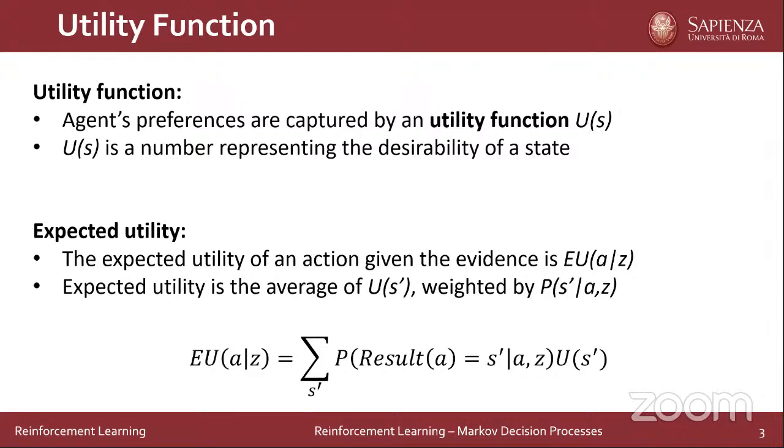U of S basically represents how desirable a state is for the agent. What is the difference between the reward and the utility? The utility is what is desirable from the agent's perspective. The reward is some immediate information that comes from the environment, so it's external to the algorithm or to the agent.